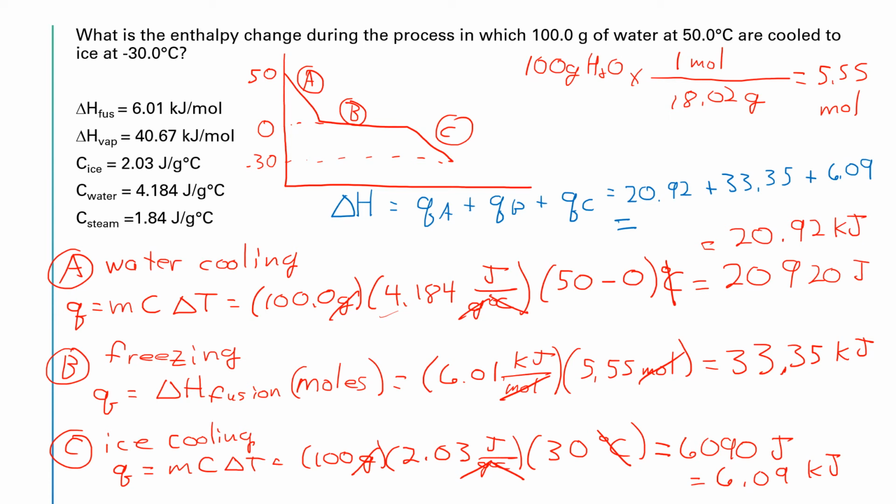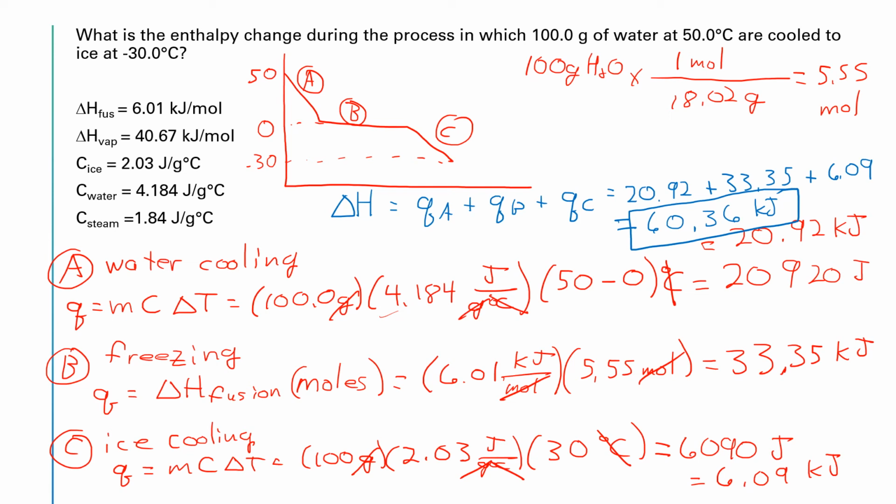I've got 6.09 already showing, so I'll add these backwards. So plus 33.35 plus 20.92, and that gives me a grand total of 60.36 kilojoules for the total number for our enthalpy change.